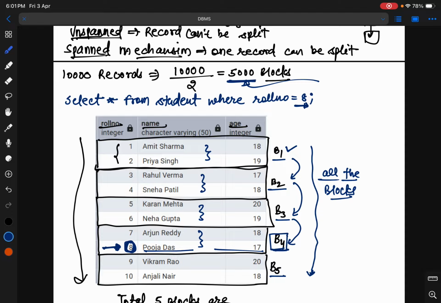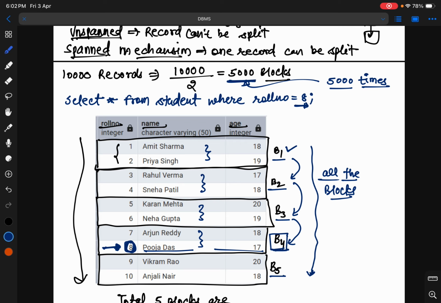When we are trying to access a disk block, we need to access the disk. So imagine we need to access the disk 5000 times. This is what makes database retrieval slow, because any operation you perform on the disk is very slow compared to operations on the main memory.